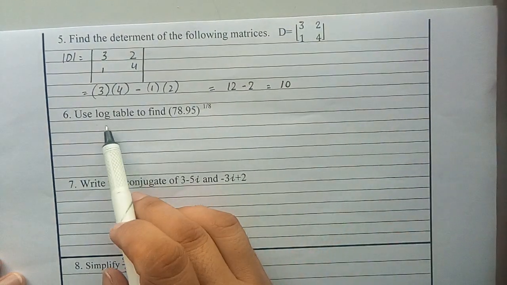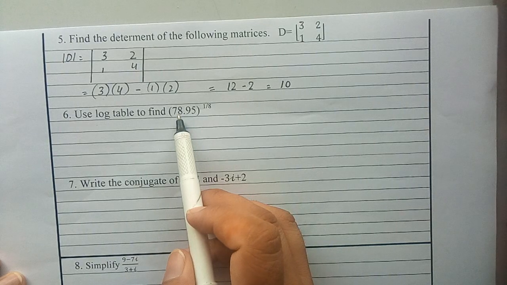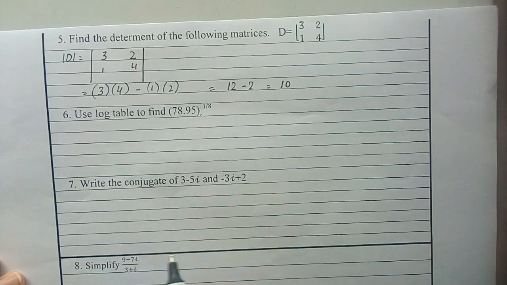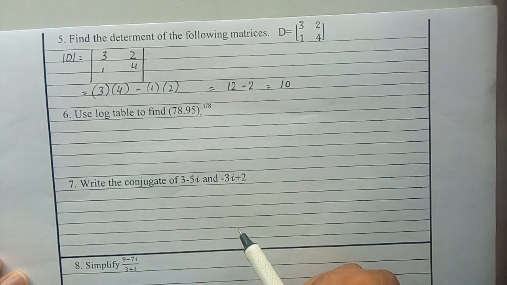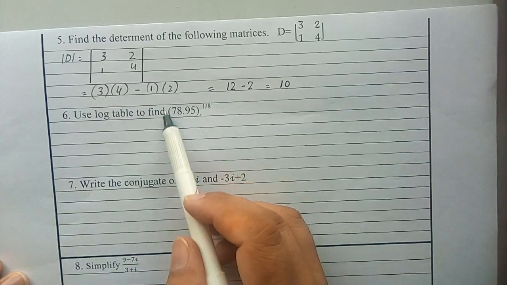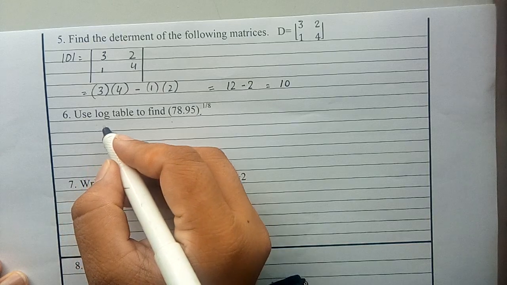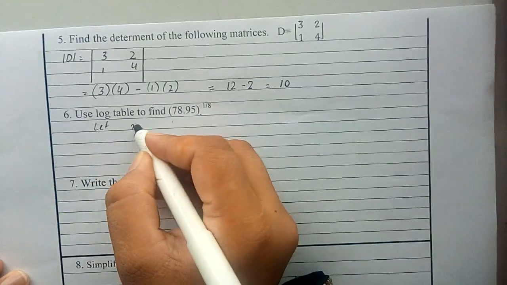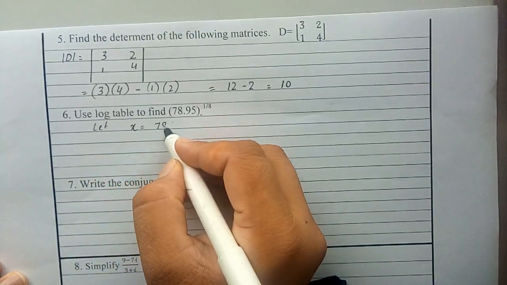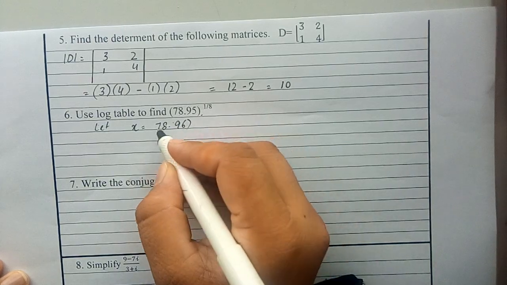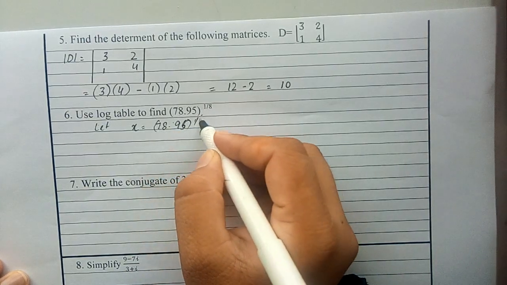Question number 2 is: use log table to find the value of 78.95 raised to power 1 over 8. First of all, before finding its value, we have to introduce logarithm here. So let us consider it equal to a variable, say x, equal to 78.95 raised to power 1 over 8.